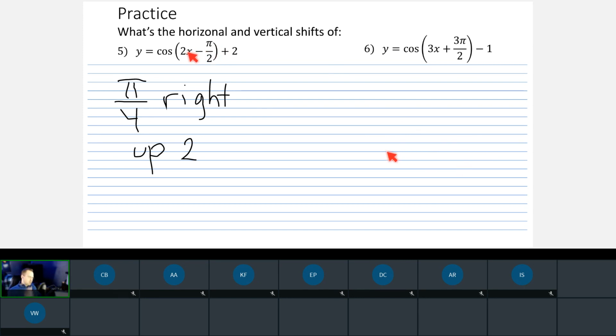You do that math on your paper, and that's how you get pi over 4. And then up 2. Yep. Very good. All right. Let's give you a minute for number 6.